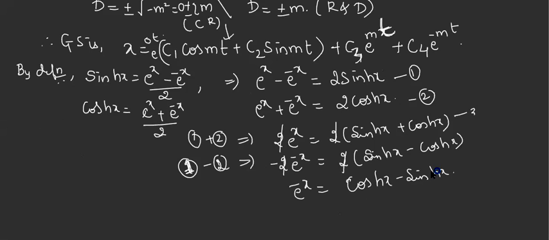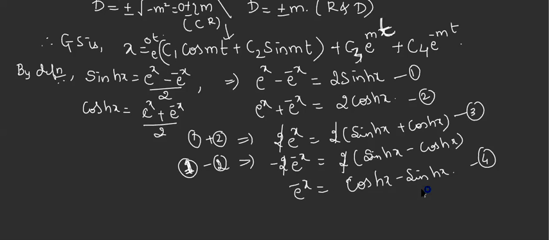Just observe, I'll call this 3 and this 4. So if you have e raised to plus x, to write in terms of hyperbolic, you should write sinh x plus cosh x. And if you have e raised to minus x, then you should write it as cosh x minus sinh x. Are you getting?